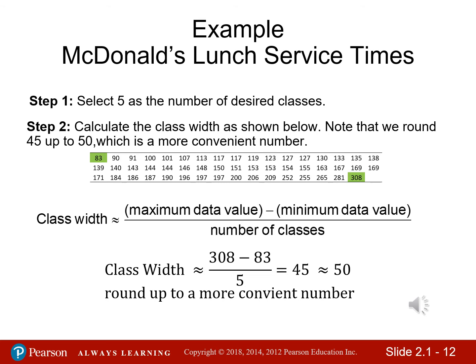And so you can see that our lowest value in our data set is 83 and our largest value is 308. So our class width will be approximately 308 minus 83 divided by 5, which is equal to 45, but we're going to round it up to 50 because that's a more convenient number for creating our classes with.